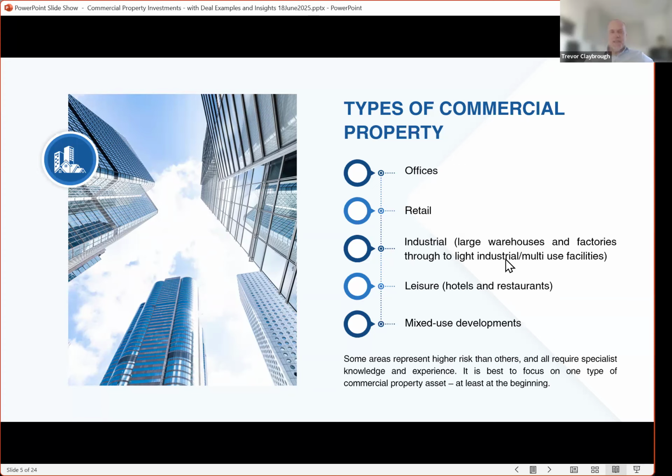Some people might have a background or interest in hotels or leisure, but it's always recommended to focus on one particular type of commercial property asset, understand how that works, rather than trying to have a finger in all sorts of different pies.